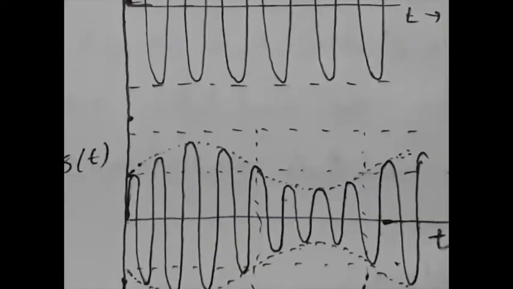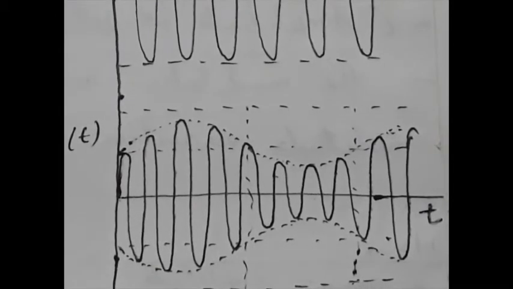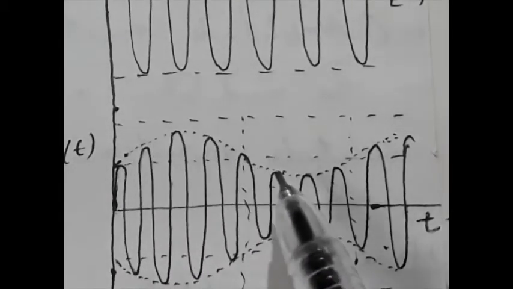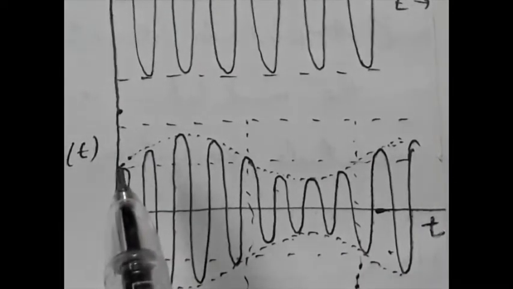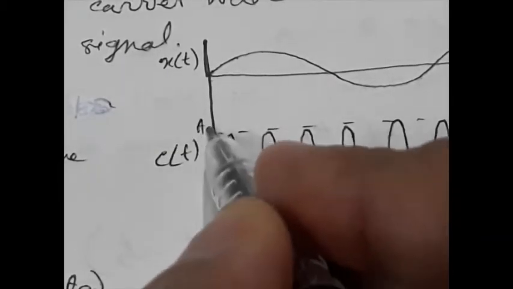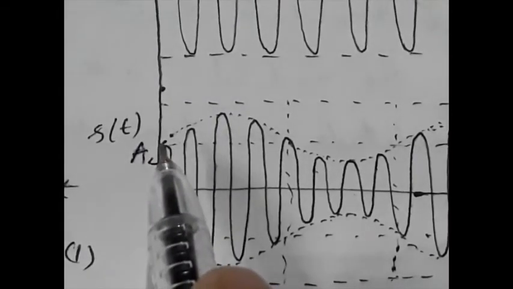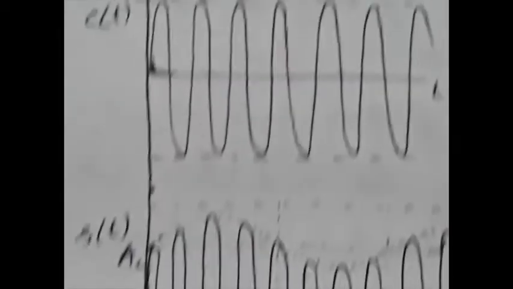So to understand this modulation process, first we have to draw the replica of the original message signal about this original amplitude A_c. So about this original amplitude A_c, you draw the replica of the original message signal, this one.